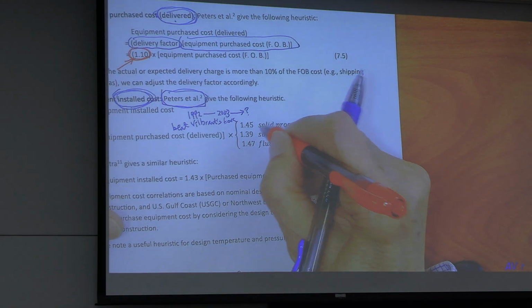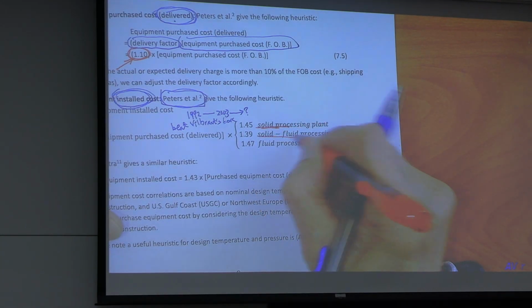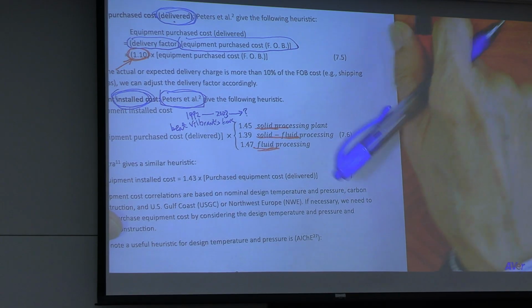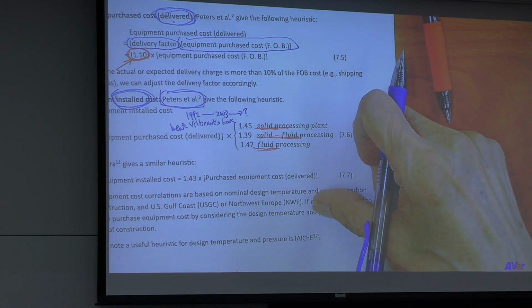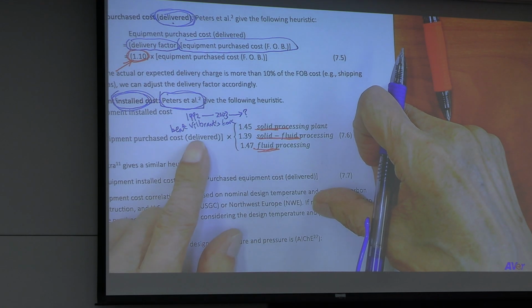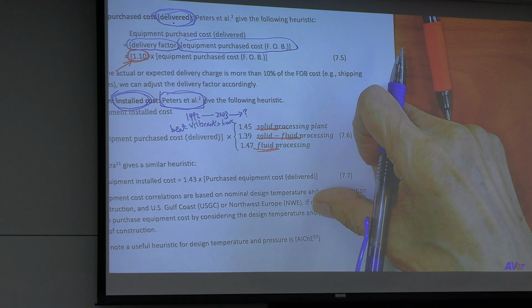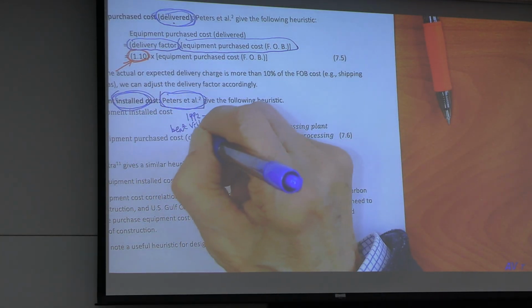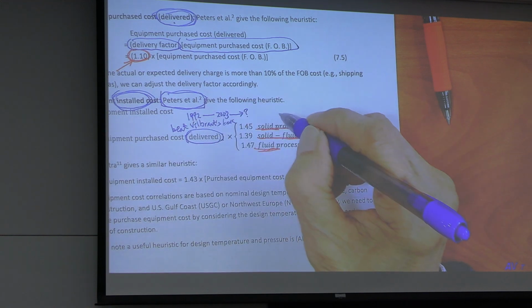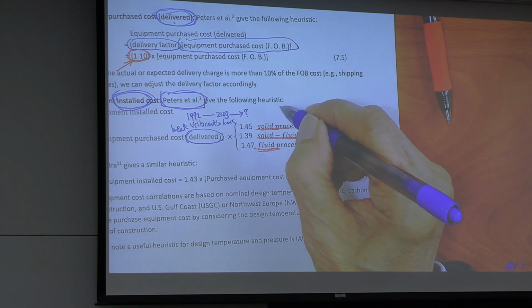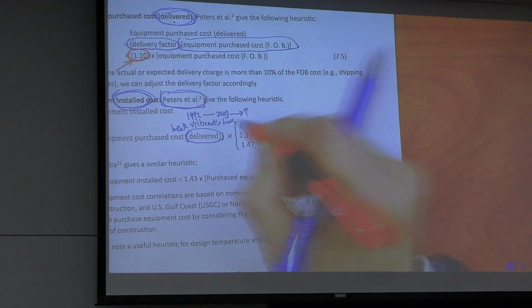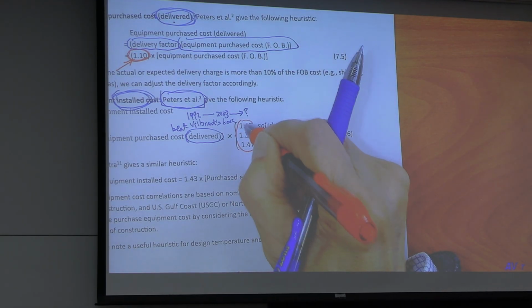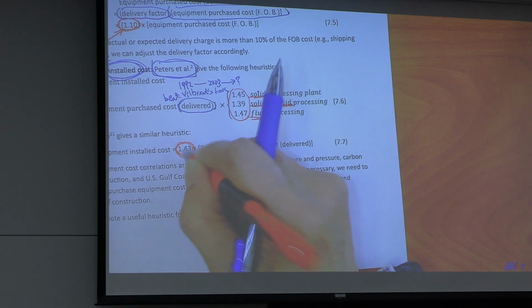Depending on whether you're talking about solid processing, solid-fluid processing, or fluid processing, delivered costs, you want to install it, solid processing, multiplied by 1.45. The average of those three is about 43% more.